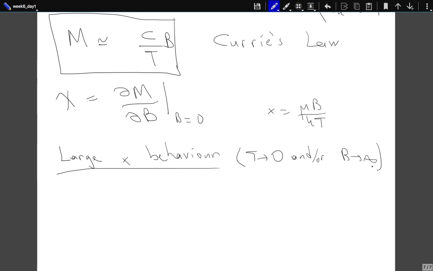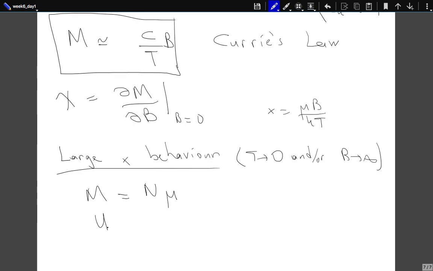Now, first of all, what do we expect at this limit? We expect all the magnetic dipoles to be aligned in the direction of the magnetic field. So there will be a complete magnetization. So the magnetization will be just n times the magnetic dipole moment of each one. This is expected.